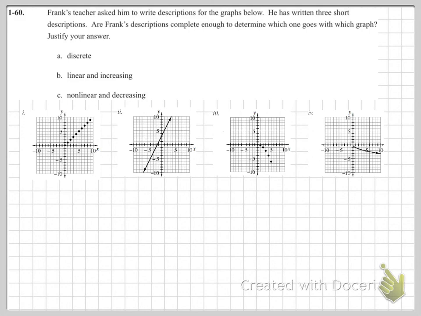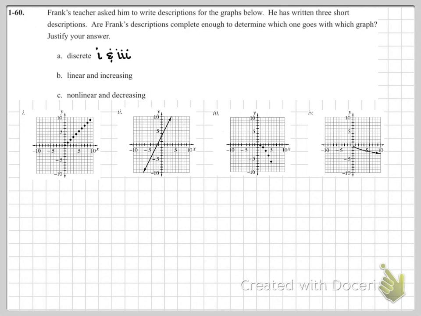I've got 4 options, and I can tell you right now that 2 of these are discrete, the very first option and 3, but I don't know which one he's talking about. So I currently don't have enough information to determine which graph he's even talking about.